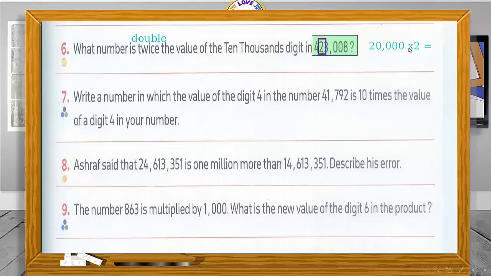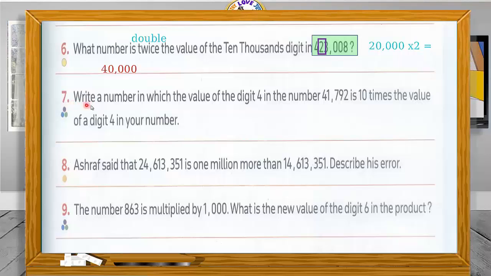If you double, or multiply 20,000 times 2, the answer is 40,000. So the number that is twice the value of the 10,000th digit in 423,008 is 40,000. We multiply 20,000 times 2.